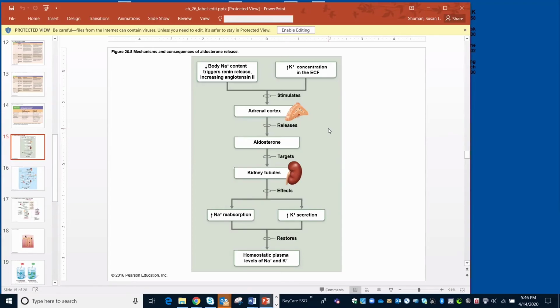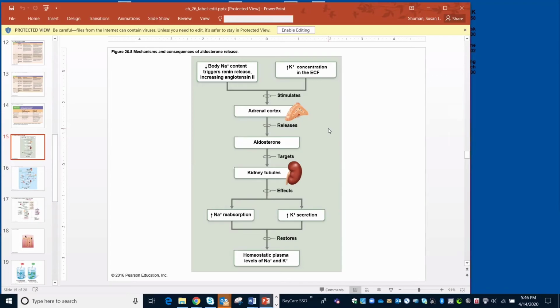And then when we're bringing in the sodium, who lets water follow sodium, and other solutes? Who lets the water in? Renin? Nope. ADH. Yes, ADH.